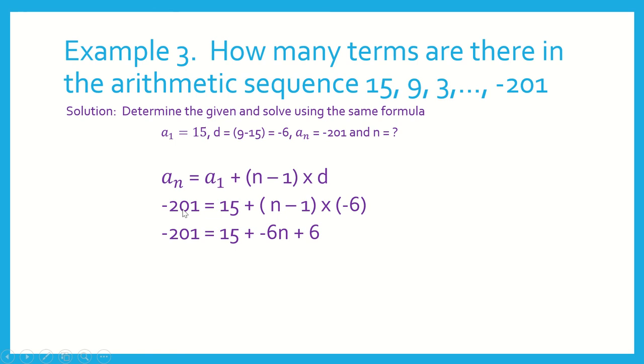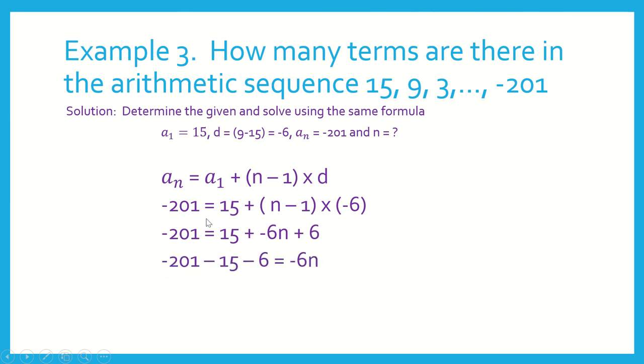So we have here negative 201 is equal to 15 plus negative 6 times n, which is negative 6n, and then negative 6 times negative 1 will give us positive 6. Now let us combine like terms. So we have negative 201.